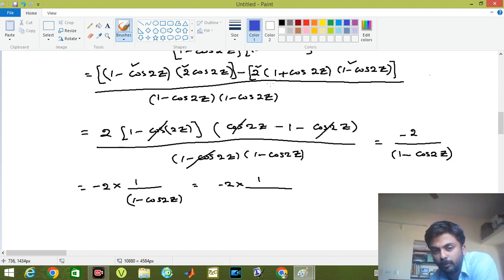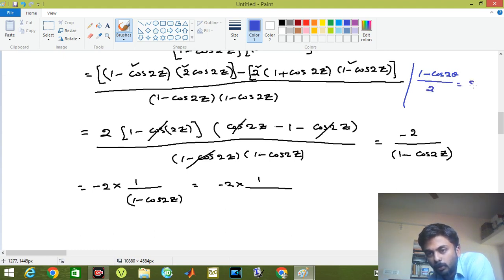See, the formula will be 1 minus cos 2 theta divided by 2 equal to sin square theta. Okay, but this 2 is missing.